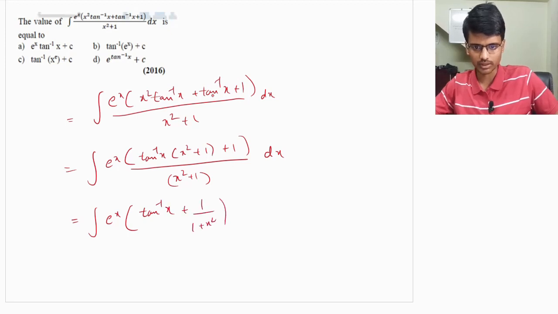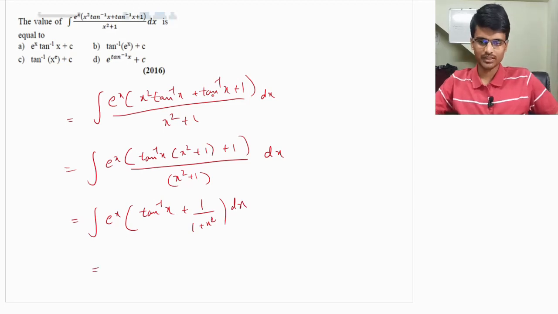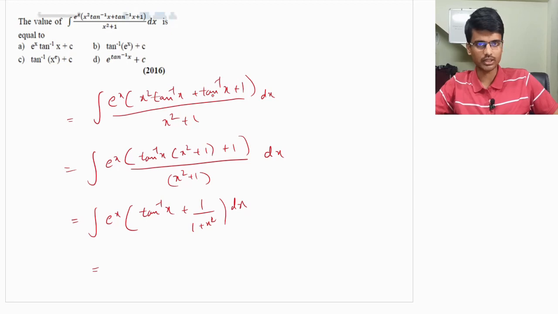Now tell me what is the answer. I hope most of you have guessed it. We know that differentiation of tan inverse x is 1 by 1 plus x square. So in this case, I will use my standard result, e power x f of x. What is my f of x? f of x is nothing but tan inverse x, because differentiation of tan inverse x is 1 by 1 plus x square.